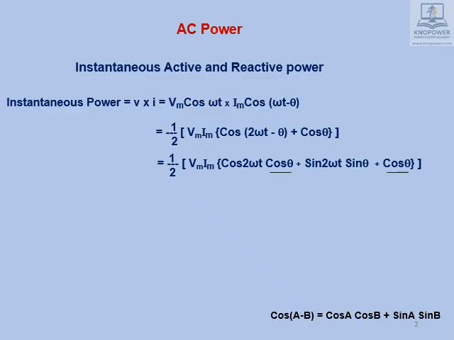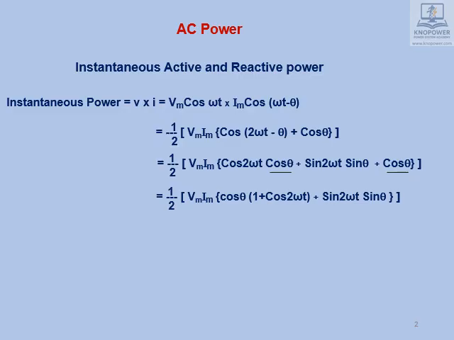From trigonometry, cos A minus B equals cos A cos B plus sin A sin B. Expanding cos 2 omega t minus theta, instantaneous power equals 1 by 2 times Vm Im into cos 2 omega t cos theta plus sin 2 omega t sin theta plus cos theta.